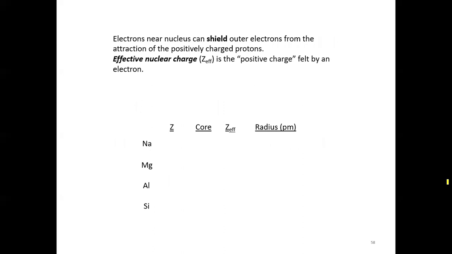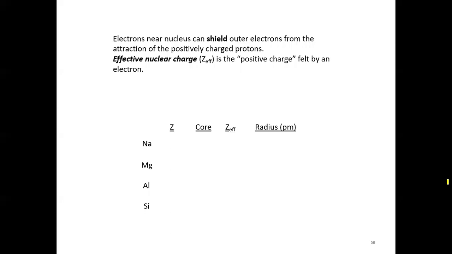First of all, as we talked about before, electrons that are near the nucleus, in other words, electrons in the core shells of the atom, can shield outer electrons, i.e. valence electrons, from the attraction of the positively charged protons. We saw that, for example, in the case of s versus p orbitals.